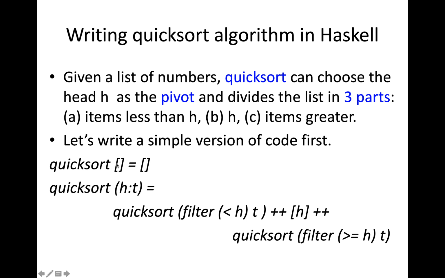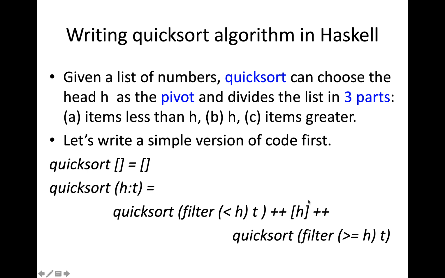So that gives us a simple implementation of quicksort. If the input list is empty, then nothing to sort, that can be the output. Otherwise, we can deconstruct the input in head and tail and this head can work as the pivot. So we can extract from tail those elements which are less than h, and they are here, right? And then we can apply quicksort on them as the recursion, correct?